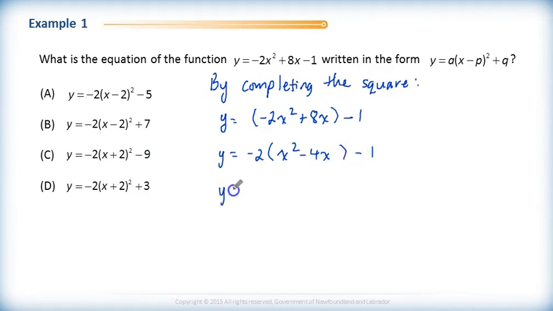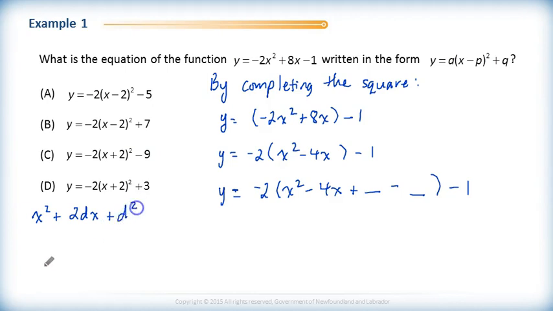Next, we have to create a perfect square trinomial inside those brackets. So I'll make a blank here, and whatever we add in, we have to subtract off inside those brackets. Now remember, a perfect square trinomial has this format, and therefore these factors, x plus d squared.